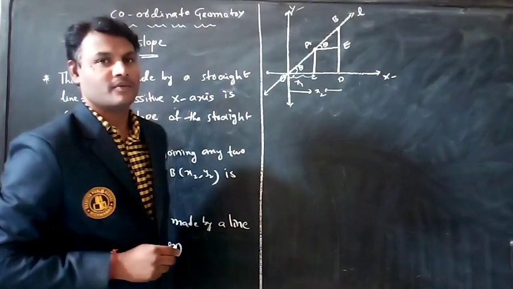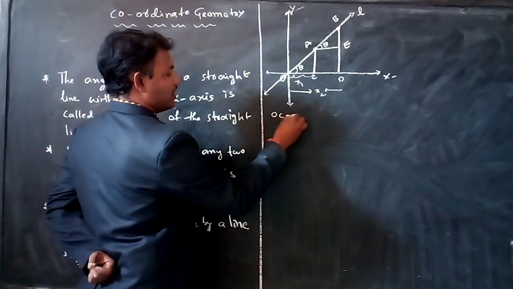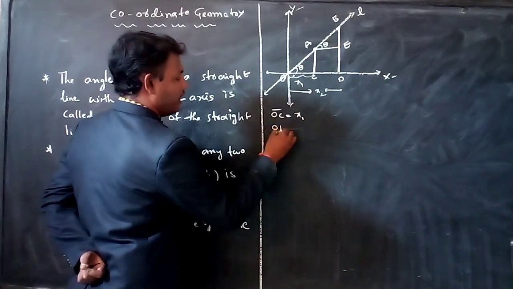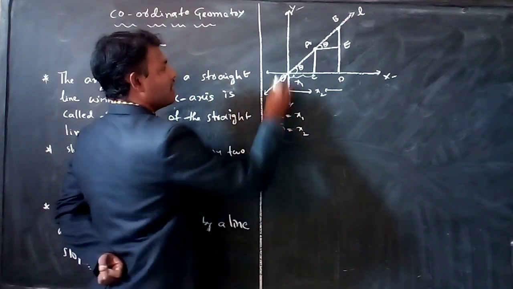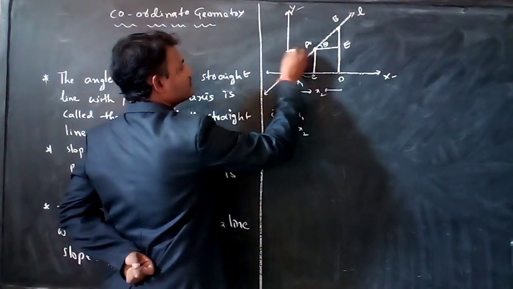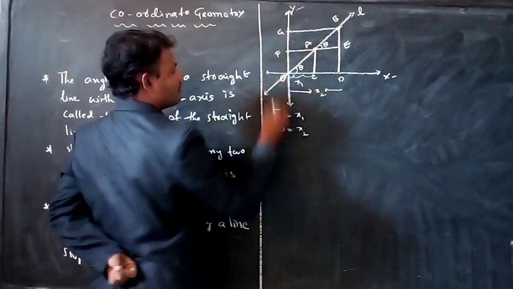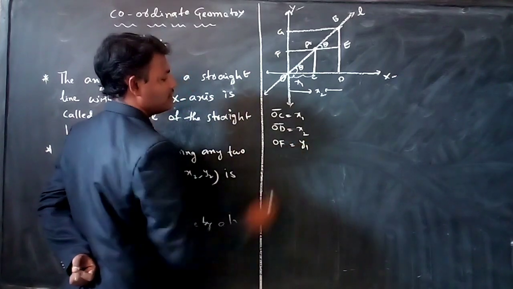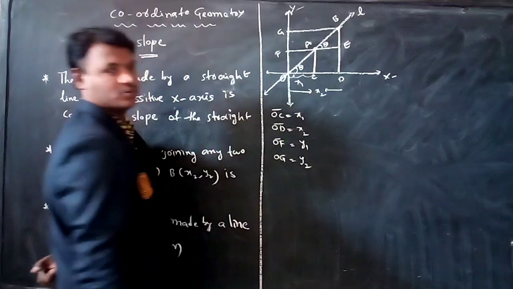From the diagram, OC is equal to x1, OD is equal to x2. Similarly, OF is equal to y1, OG is equal to y2.